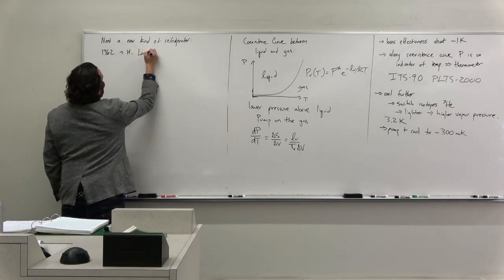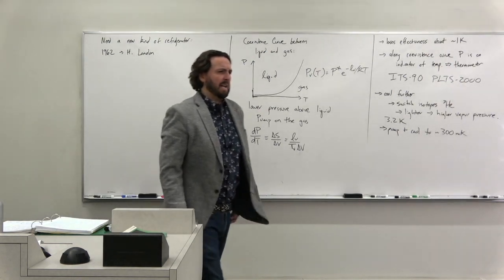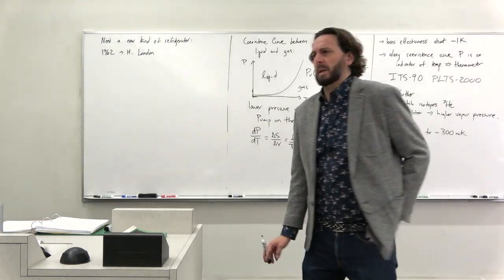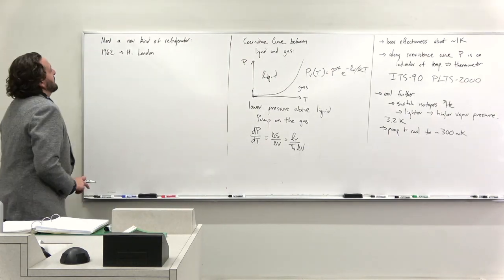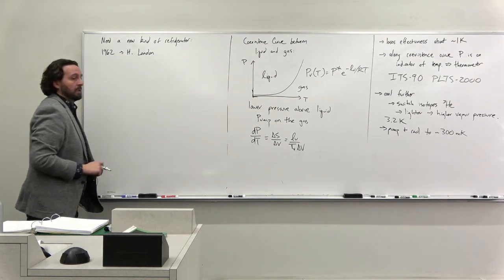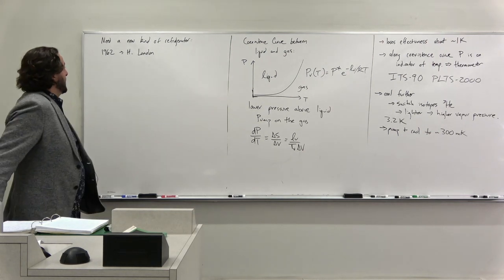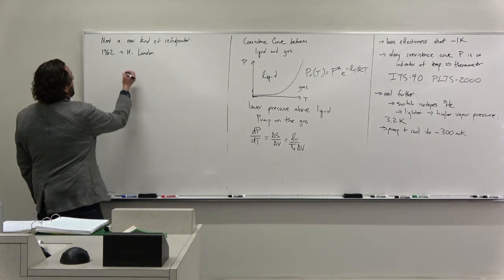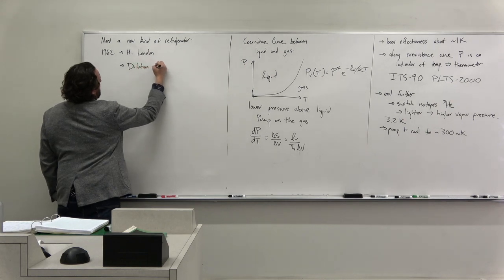There's two Londons and they're brothers. There's Fritz London and, based on his name, Height London. That's wrong. H. London, 1962. So he invented what we now call the dilution refrigerator.